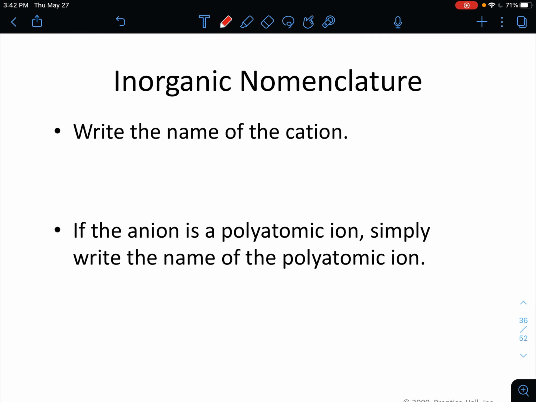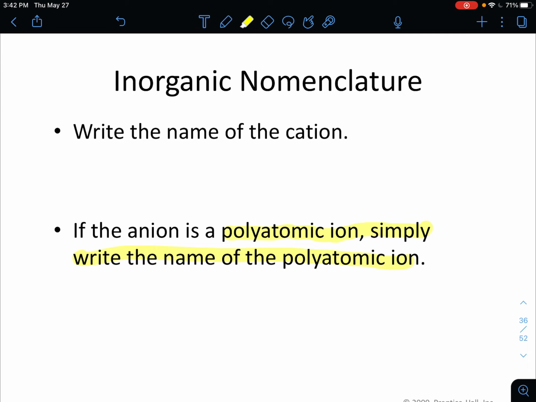So we're starting with new rules here, and the first rule is the same, right? We're going to write the name of a cation, and now we're going to work where the anion is a polyatomic ion. The good thing here is you don't change the name of the polyatomic ion, right?